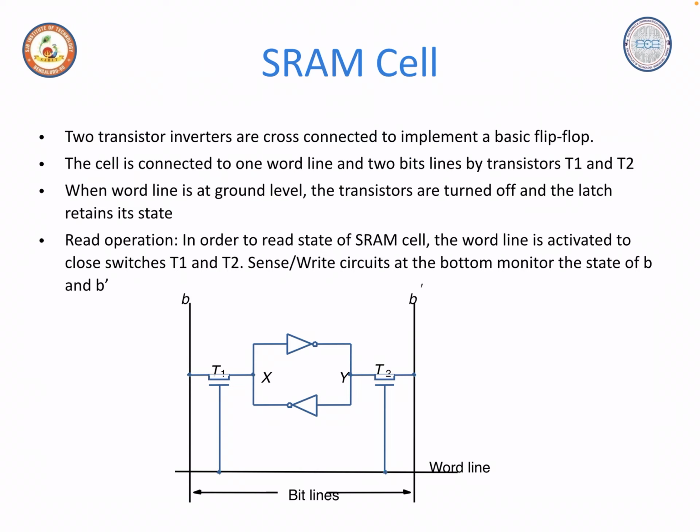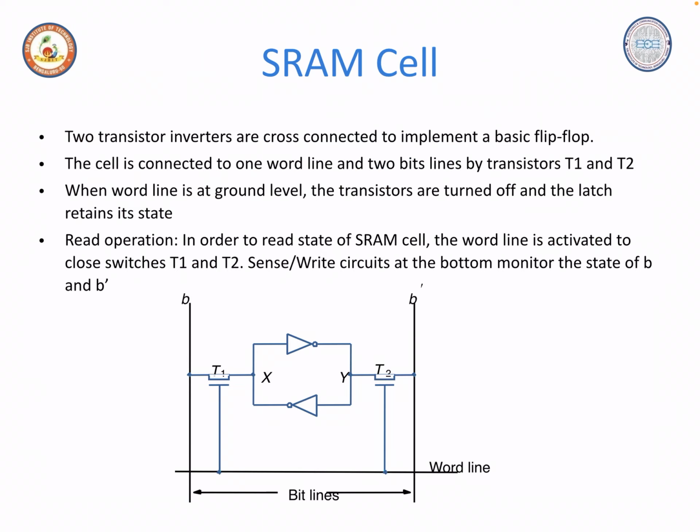Now coming to each and every cell present in that memory location, one can notice here you have an SRAM cell, SRAM indicating static random access memory.